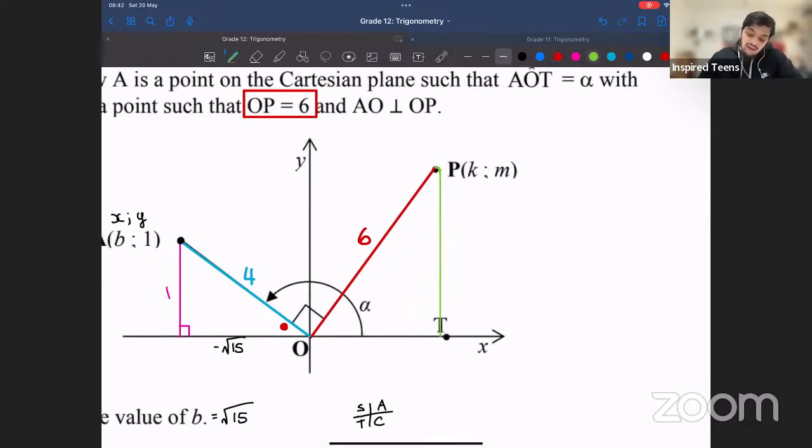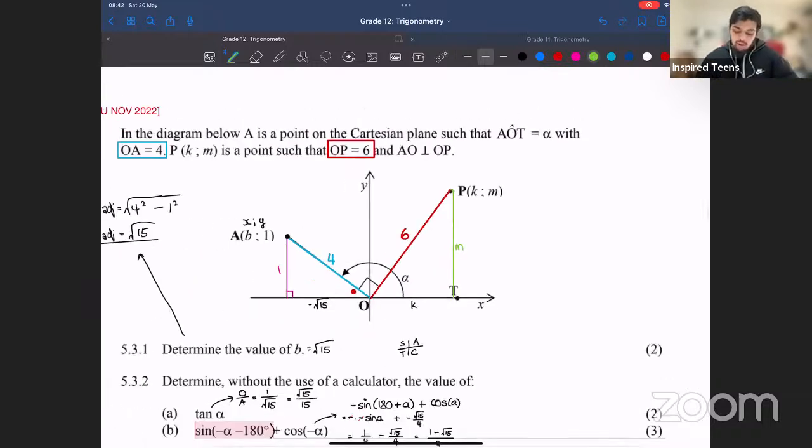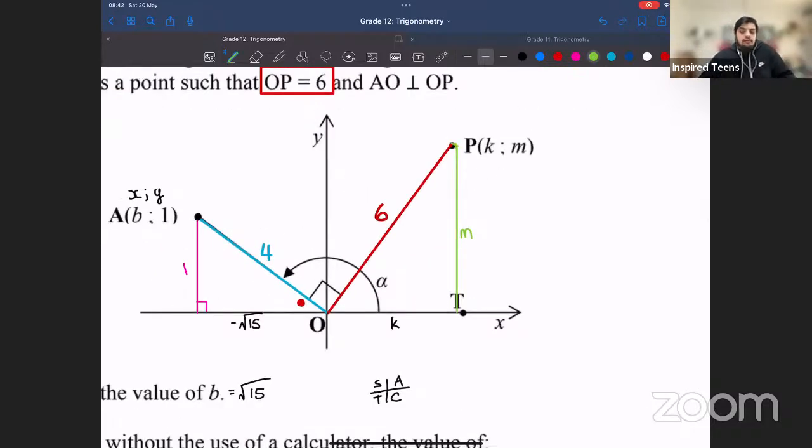Now we have these in terms of variables, k and m. Remember k is the x value, so this would be k and this would be m. Now we cannot use Pythagoras because we have two unknowns and only one side is known.